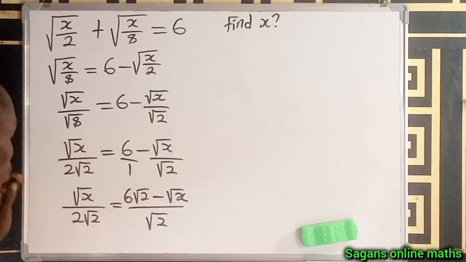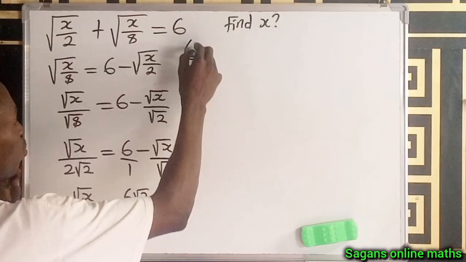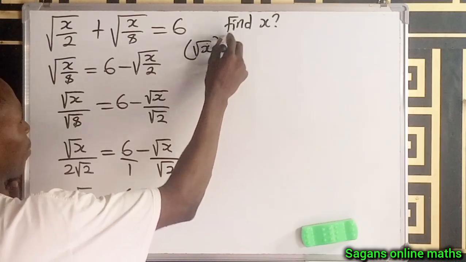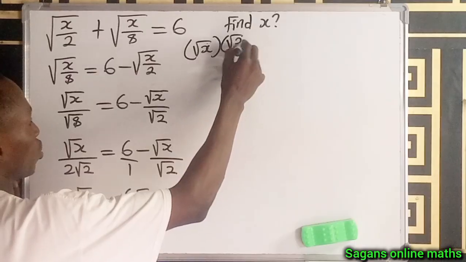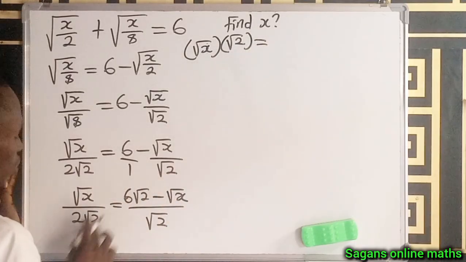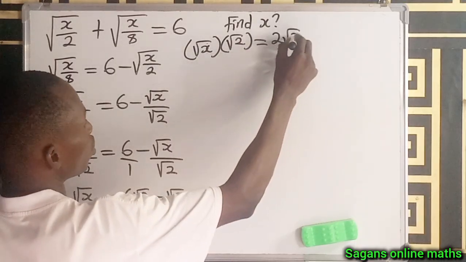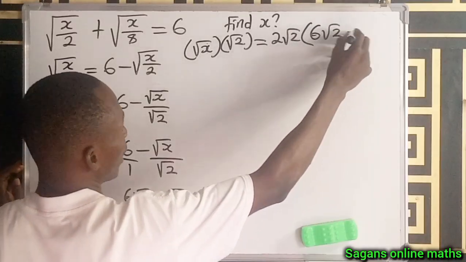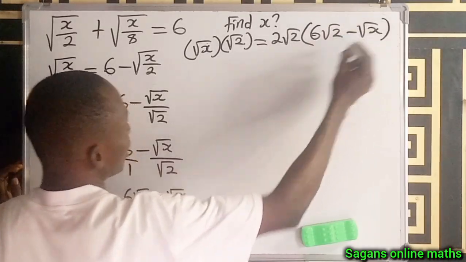Now from here, we can cross multiply. So look at what is going to happen. This is root x multiplied by root 2 equals 2 root 2 multiplied by 6 root 2 minus root x, right?